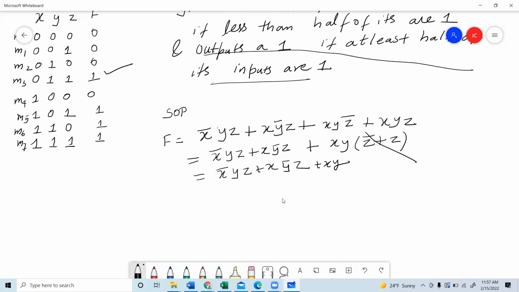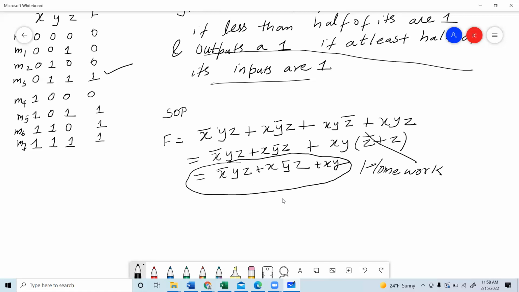Okay, so I will leave this as a take-home assignment. Think about it. I will also think about it because I'm not good at using identities. I'm good only with K-map. So you can reduce this expression still further. I think so. This is not the final form. You can reduce this expression further, and you can think about it.